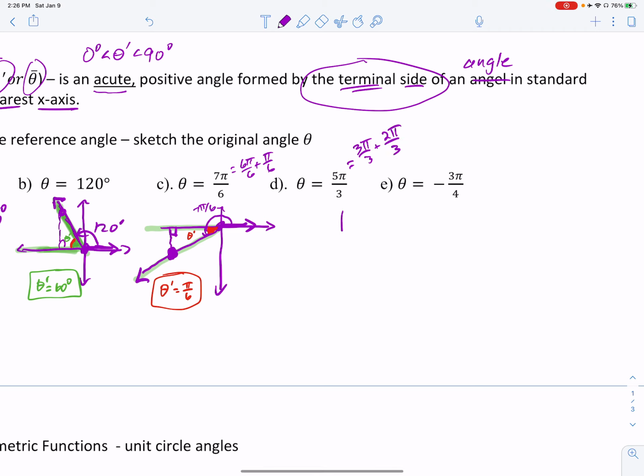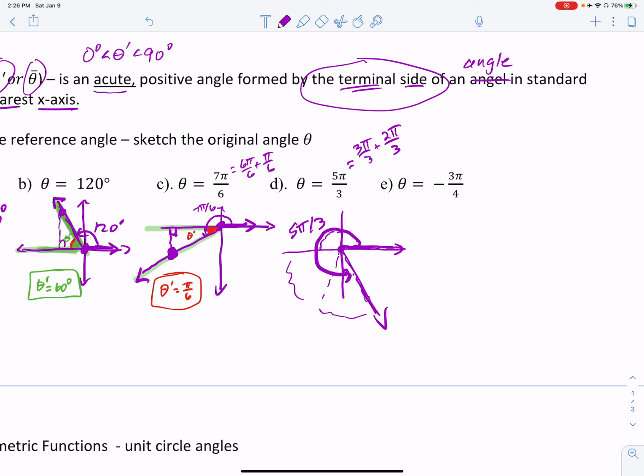So when I'm thinking about rotating through this, I have my positive x-axis, and I'm going to go a half of a turn, that's 3 pi thirds, and then if I divided that second half of a rotation from pi to 2 pi into equal thirds, this would be one of those pi thirds, and then this rotation would be another pi third, and so I'm ending up about here. So this whole thing is 5 pi thirds.